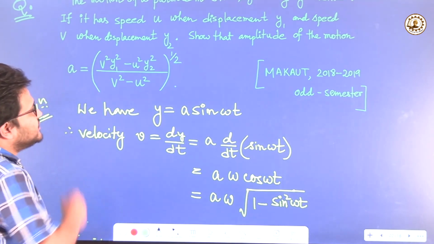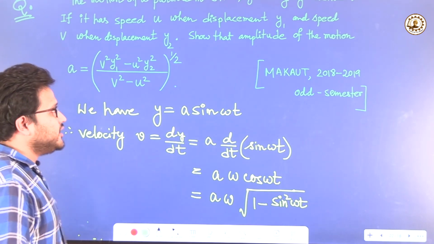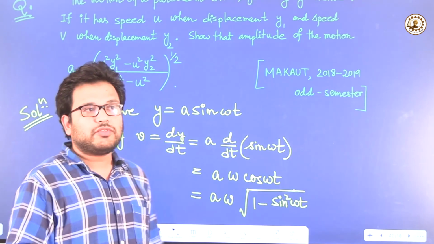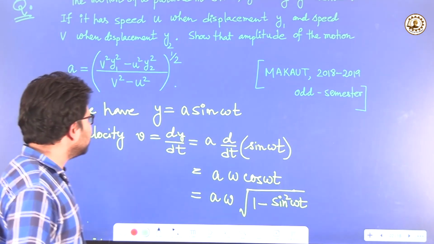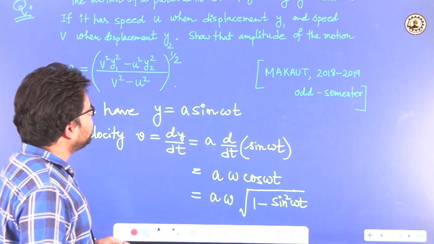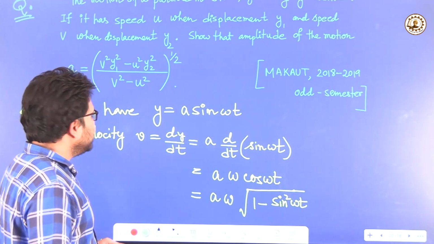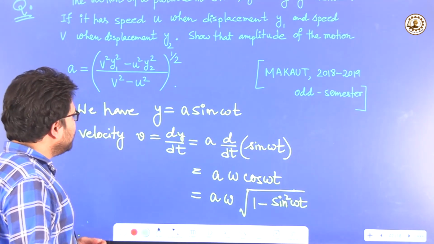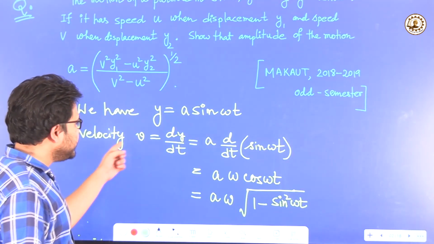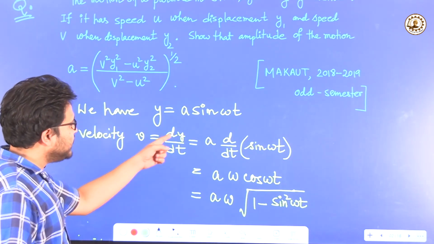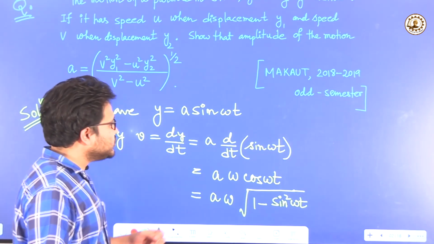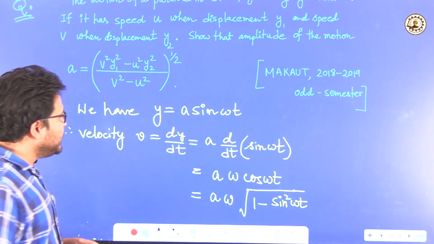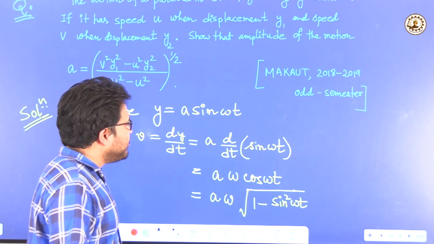First of all, the equation is given, y equals a sin omega t. Using this equation, we will first find the expression for the velocity of the particle. Since it is the displacement of the particle executing simple harmonic motion, to find the velocity we will differentiate y with respect to time. Here a is the amplitude of the motion.